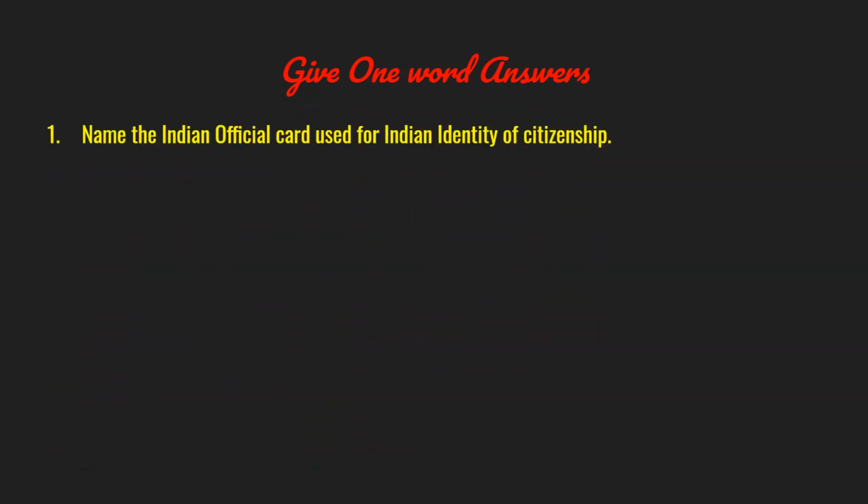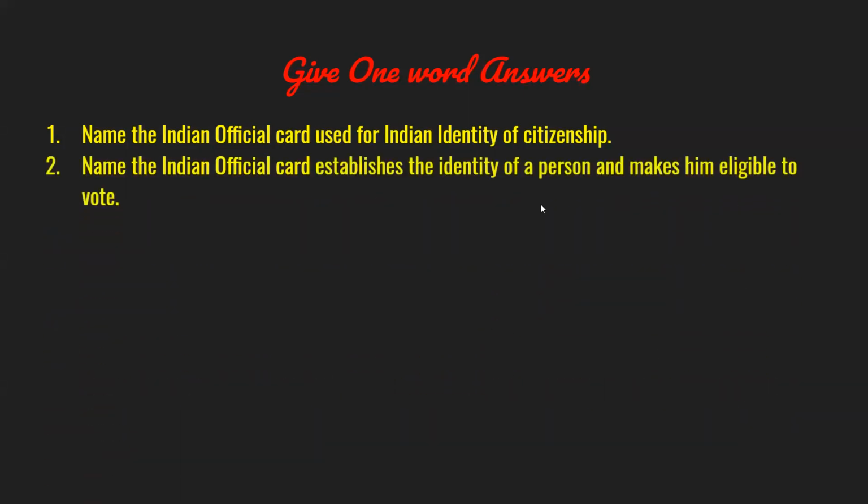Now come to the next topic, that is give one word answers. Questions are in front of you. You have to give only one word answers, not long answers. Number 1, name the Indian official card used for Indian identity of citizenship. Our Indian government is issuing some cards, some certificates. So you have to give the name of the card which is used for Indian identity of citizenship.